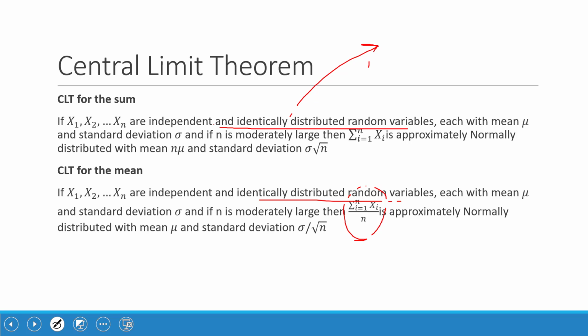This is a very important theorem, leveraged multiple times in doing experiments and approximating the distribution of random variables, even though the underlying distribution might be highly skewed or highly discrete.